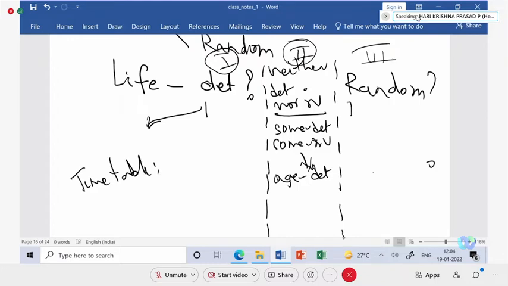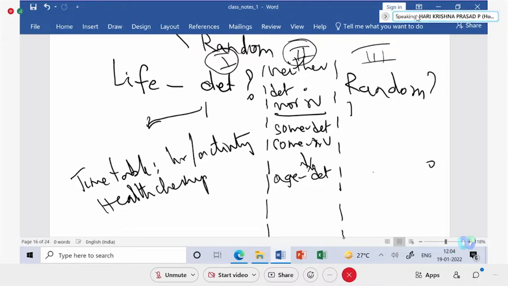For every hour I have an activity. Then I have health checkups. Then I will have other related things to be taken care of. All the possible things. Then I can say life is deterministic because everything is planned.